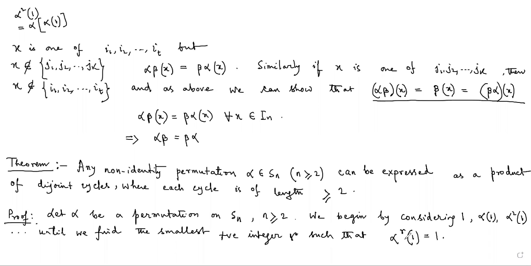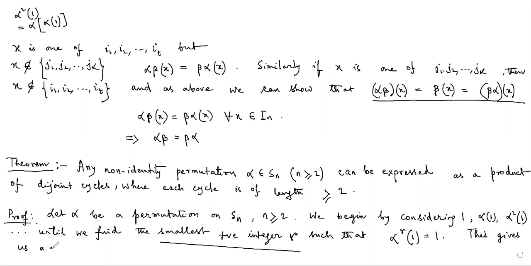This means when we consider the composition of alpha with itself r number of times, we will get 1. So we will look for this kind of permutations until we get a permutation where, for some smallest positive integer r, this is happening.